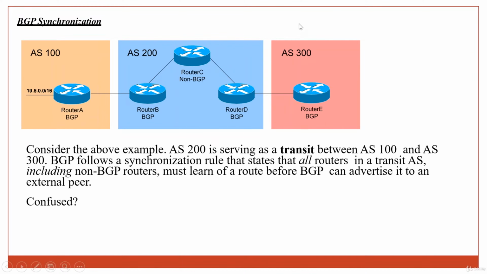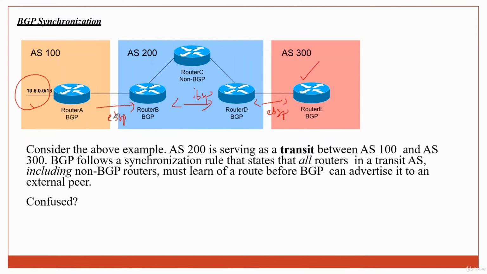Say, for example, in this diagram, this AS wants to reach this network. Now suppose I have an IBGP relationship here, so here I obviously have the EBGP, and here we have the EBGP relationship.